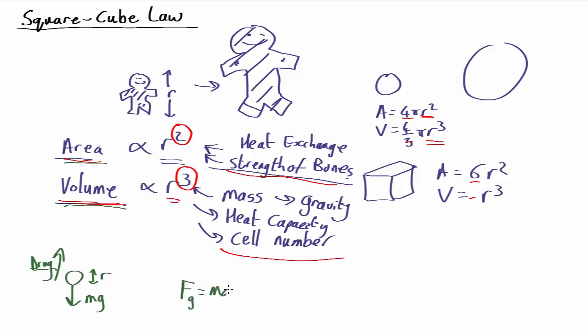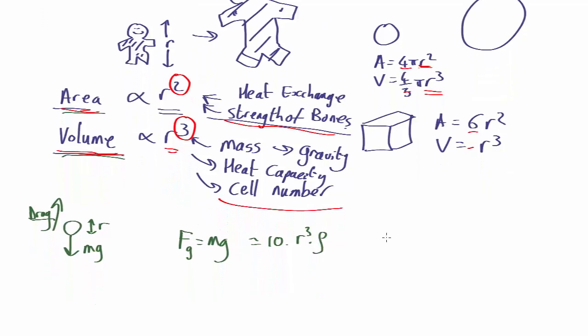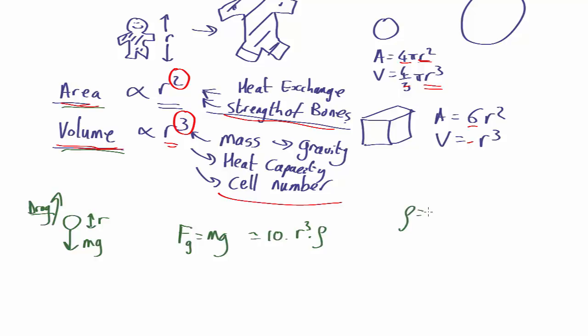It's mg, so g is about 10. The mass is going to be the volume, which is roughly r cubed times the density. Let's assume a density of about 10 to the 3 kilograms per cubic meter. So like water, that's probably typical of most animals because they're mostly made of water.